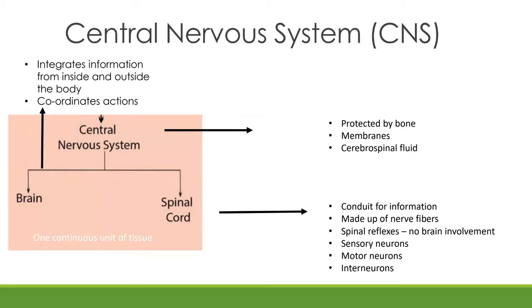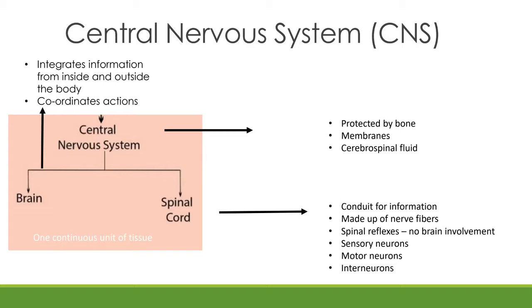Some of our responses can be spinal reflexes. For example, you go to the doctor and he taps you on the knee and your leg jerks. That automatic reflex has no brain involvement. The spinal cord does have some of those reflexes. But basically it works as a conduit for information to the brain.